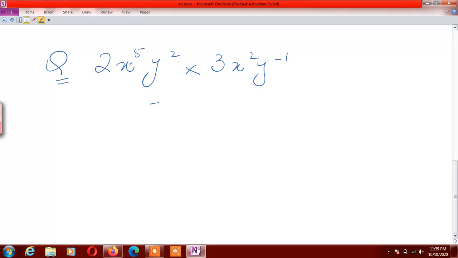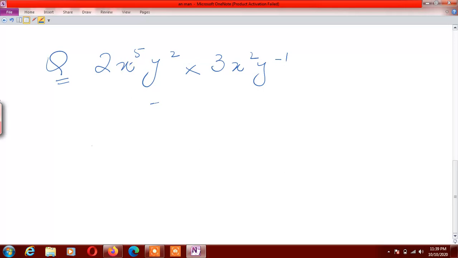For example, if we have the question 2x power 5 y squared multiply 3 x squared y power minus 1. This is the question. Now this is about multiplication. Here you can see that we have the coefficient 2 as well as the coefficient 3.